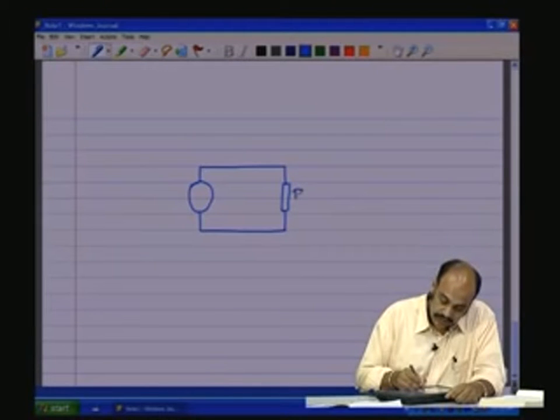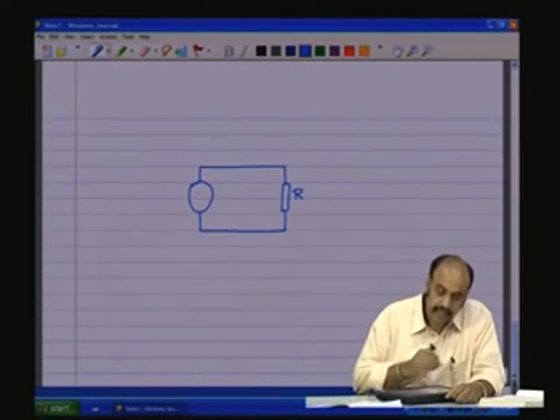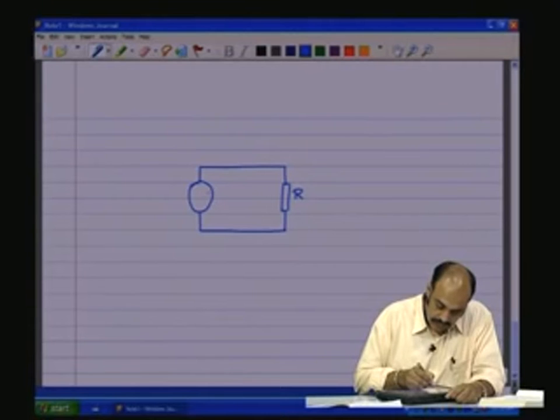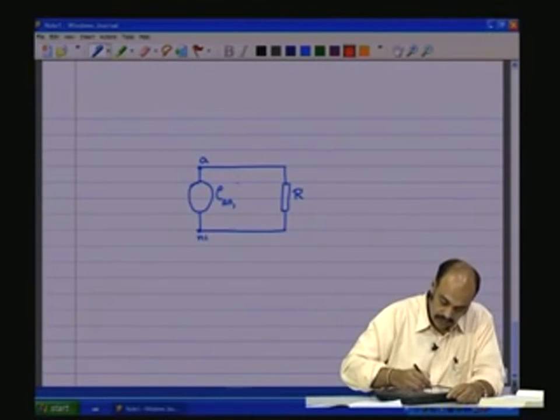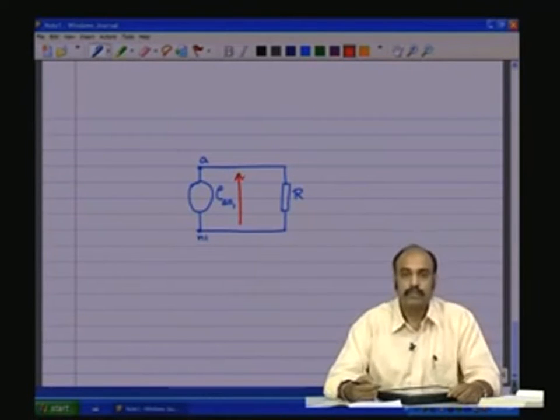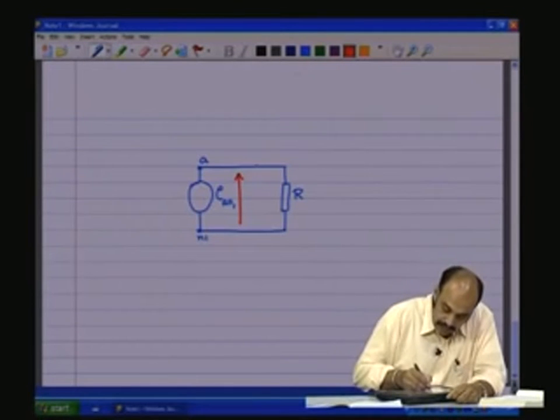So, this resistive load R is connected across this source, which has 2 terminals here, and let me name this terminal A and this terminal N1, and the voltage across these two EAN1. This is the voltage and there is going to be a current through this one and we will call that IA.